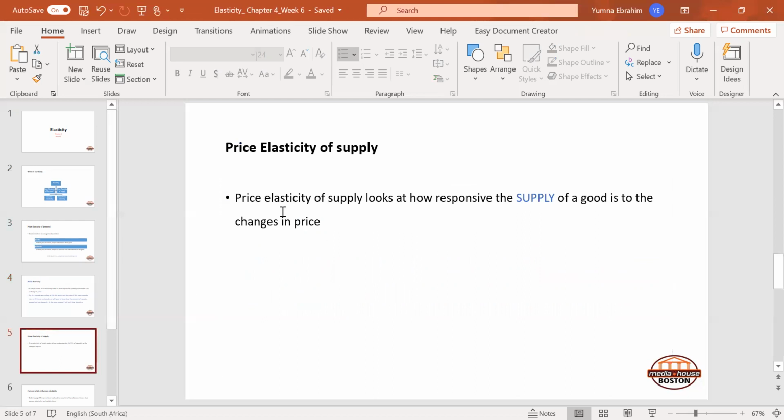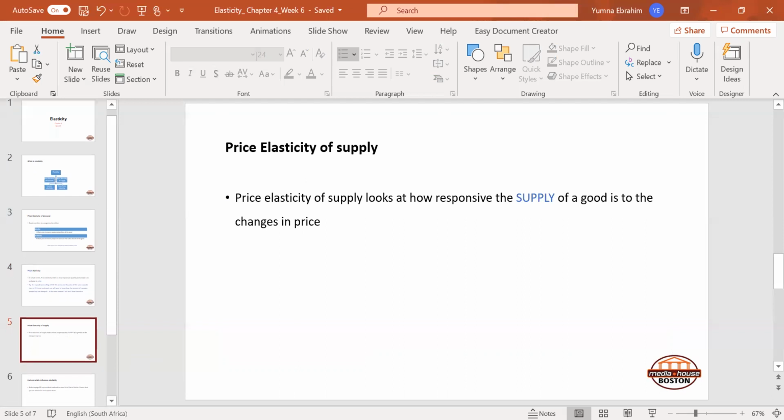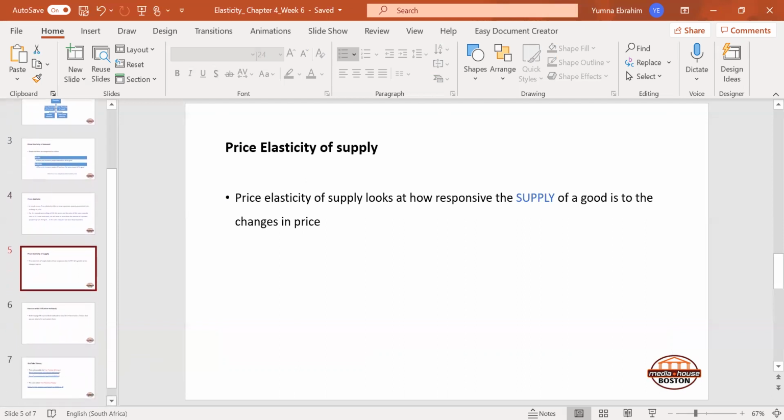Price elasticity of supply, on the other hand, looks at how responsive the supply of a good is to changes in price. Here we again draw from our knowledge of demand and supply, and we know that as the price a firm can charge for a good increases, the firm will be willing to supply more. We will be looking at elasticity over the next few weeks.